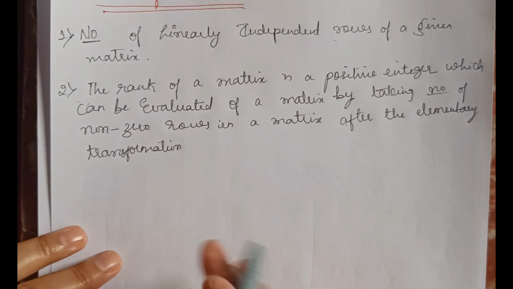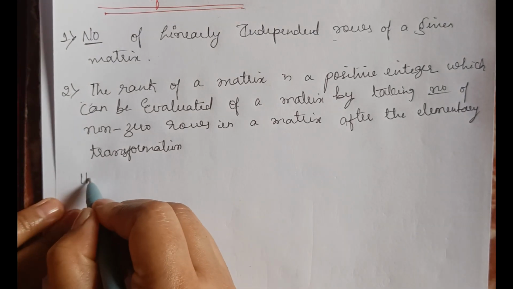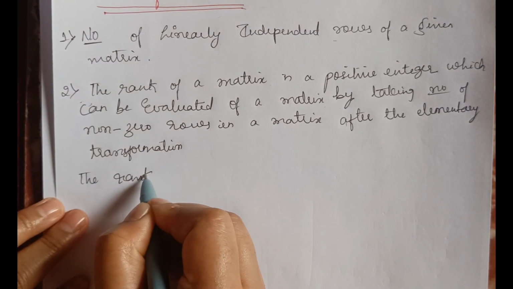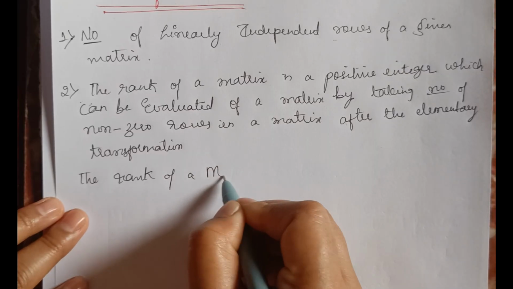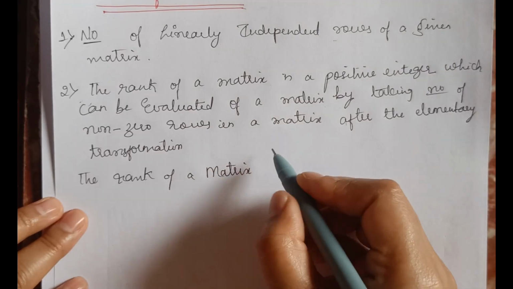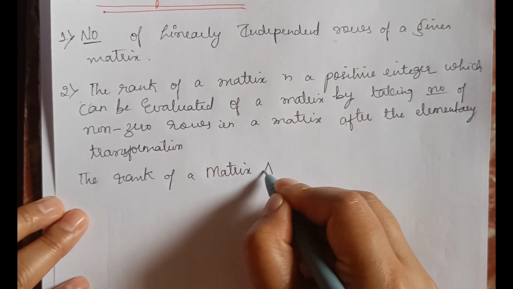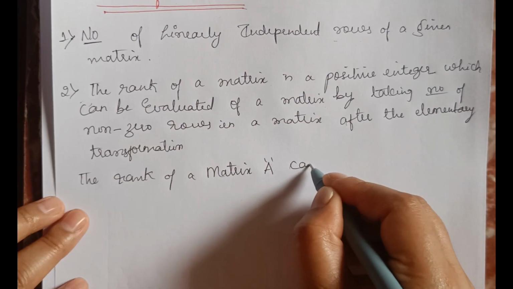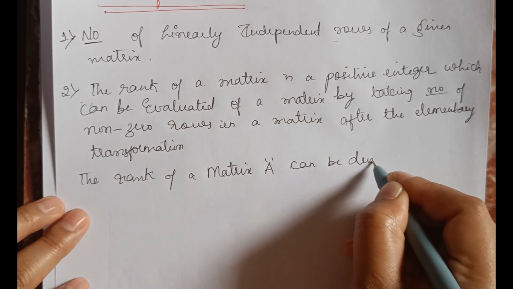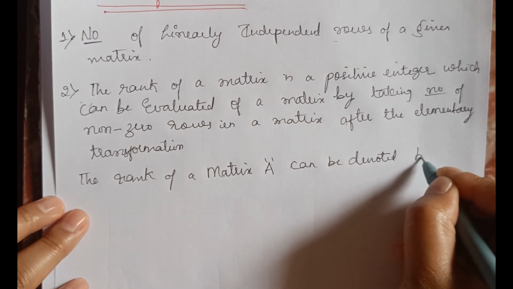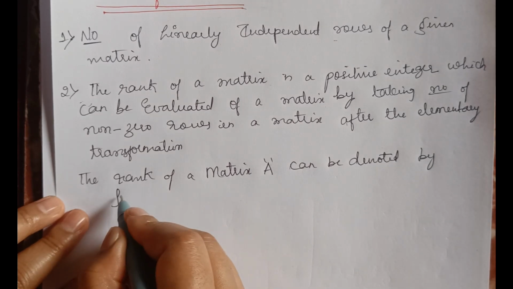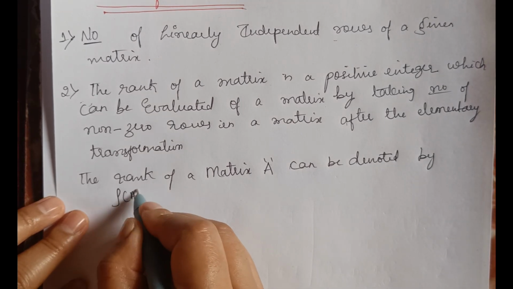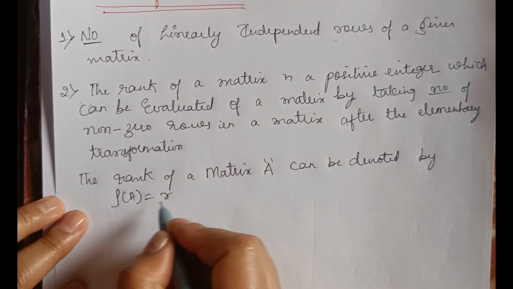And the rank of a matrix, let me consider matrix A, can be denoted by rho of A, which is equal to the rank of the matrix.